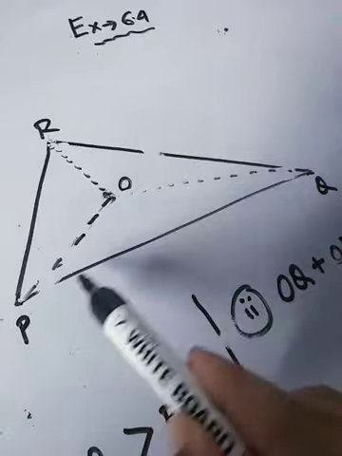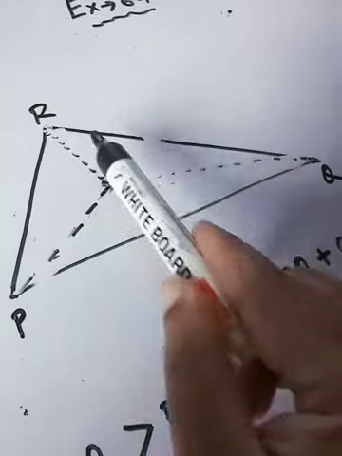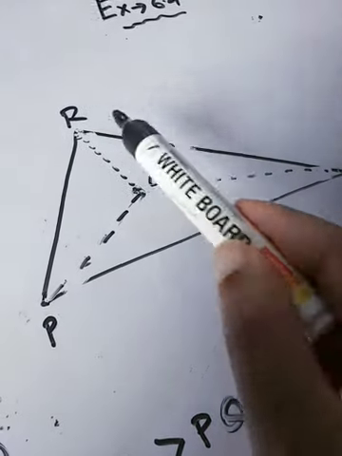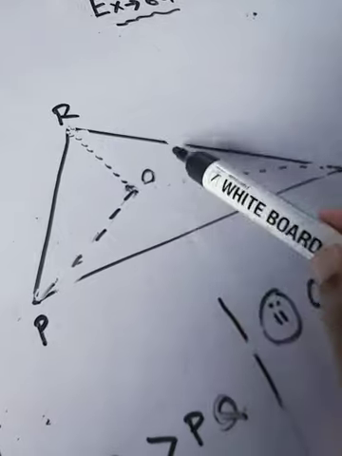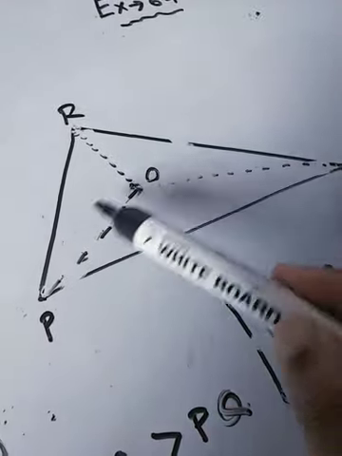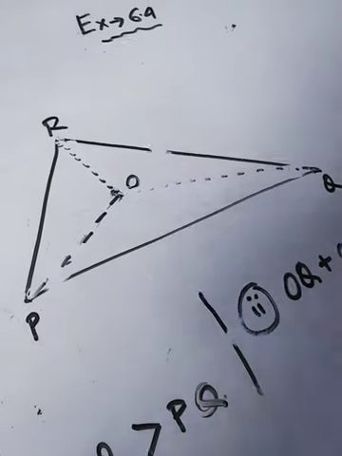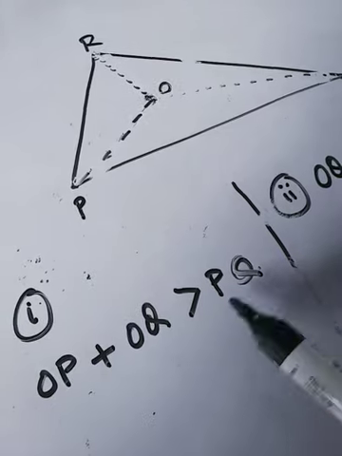We are getting 3 triangles. One triangle is OPQ, another triangle is ROQ, and the third triangle is ROP. These are the 3 triangles we have achieved after we have connected R with O, P with O, and Q with O. Isn't it?